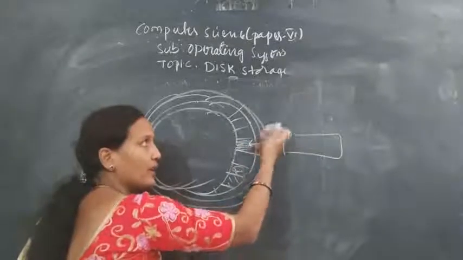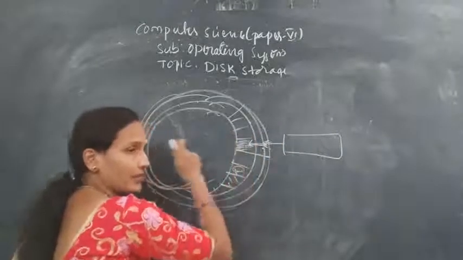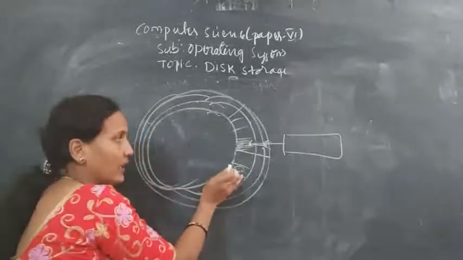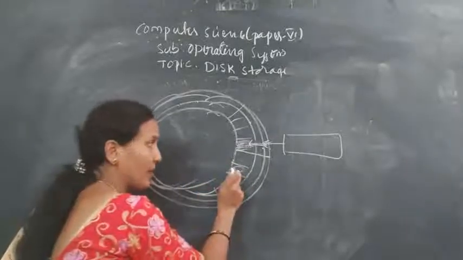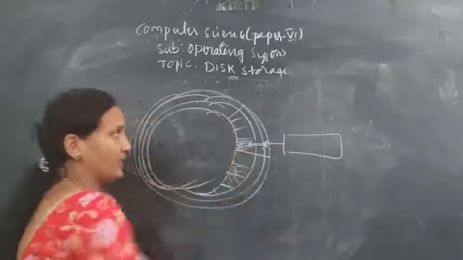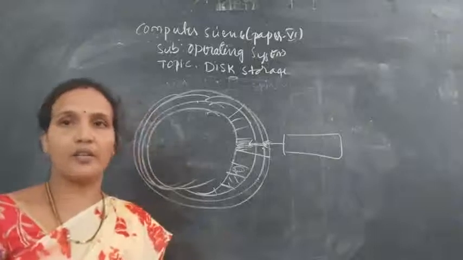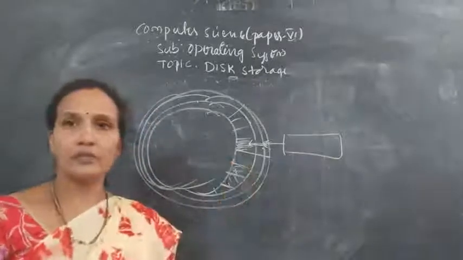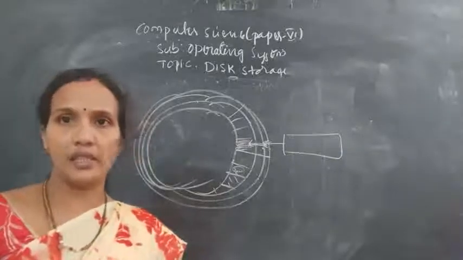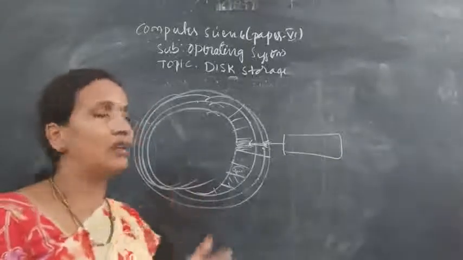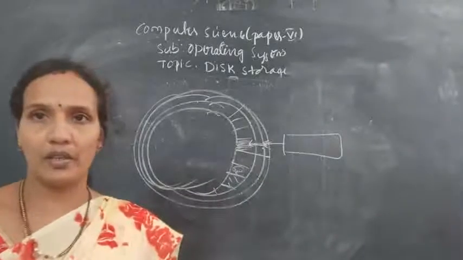When it spins the track, the sector where the data is stored should be adjacent to the current sector, so that the read and write head can read the content from it. These are the main things you need to consider when storing content on the disk and reading content from the disk.